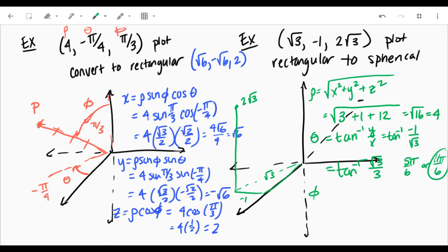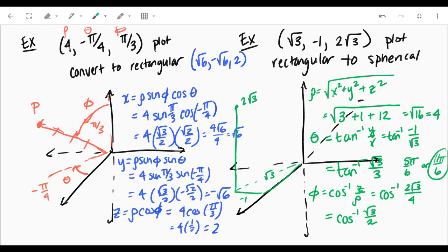And then phi is going to be the inverse cosine of z over rho. And you've already found rho. So it's the inverse cosine of 2 root 3 over 4, or the inverse cosine of root 3 over 2.